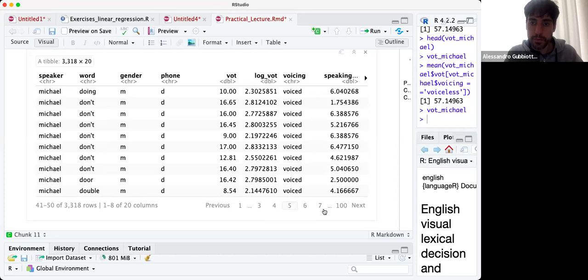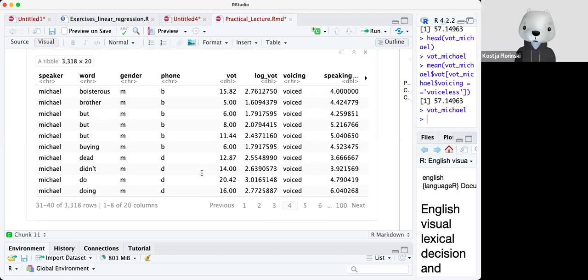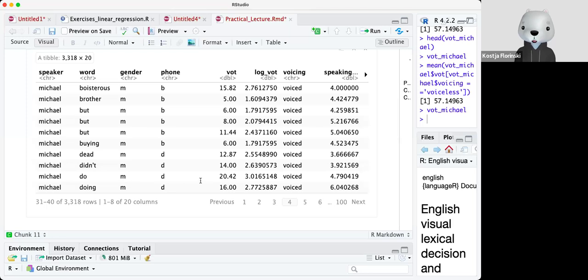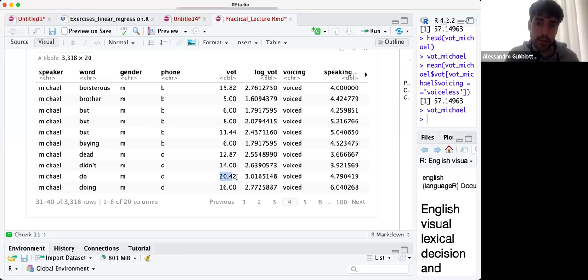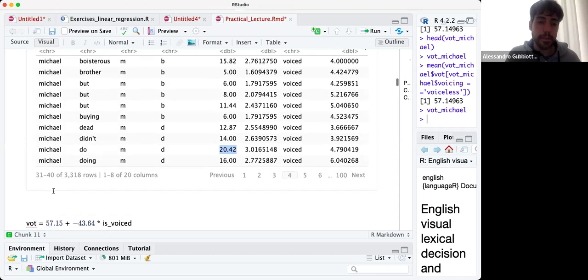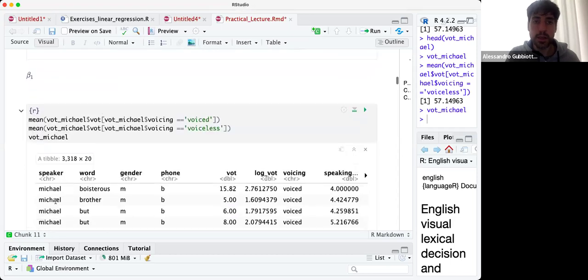Oh, it was on the third page: D in "do", 20 milliseconds. Yeah, nice, thanks. Okay, they are voiced and they have more than 13, yes. So yes, we did this simply.